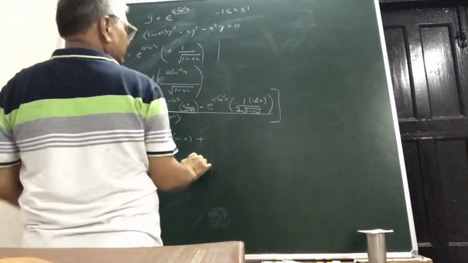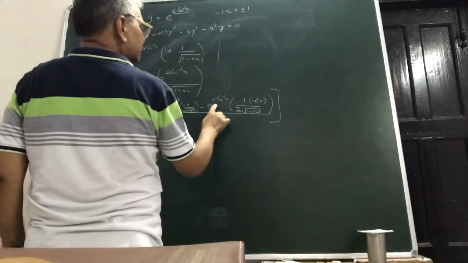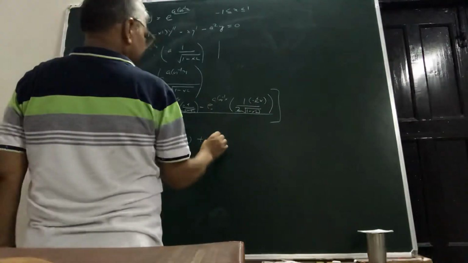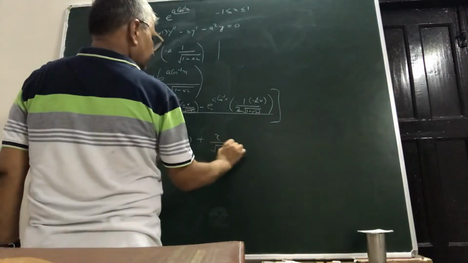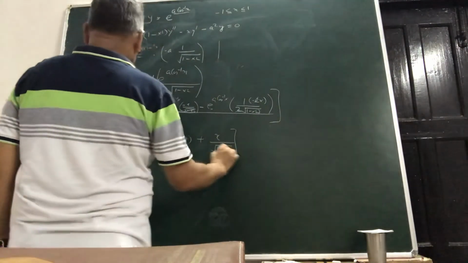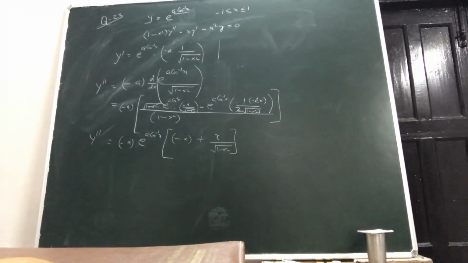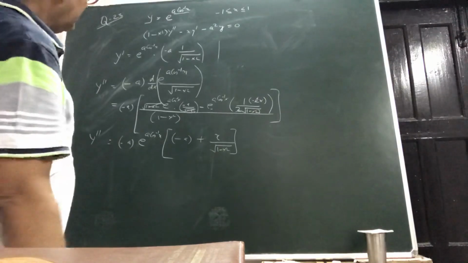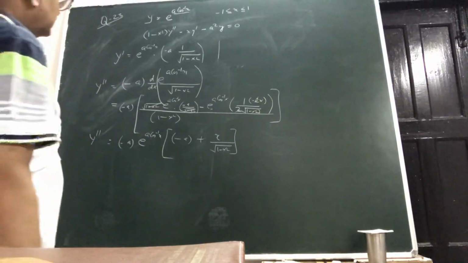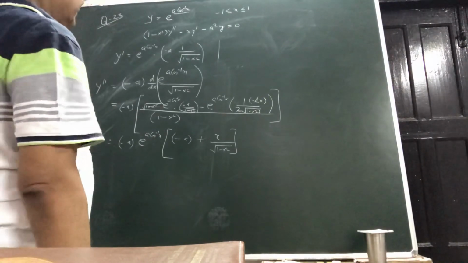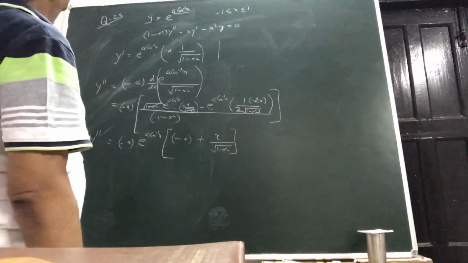You have already taken common, and then it is 1 upon x upon under root 1 minus x square. So this is your y double dash, okay.